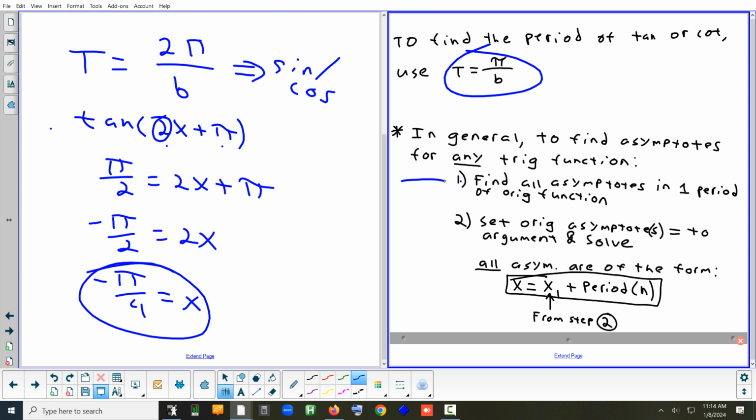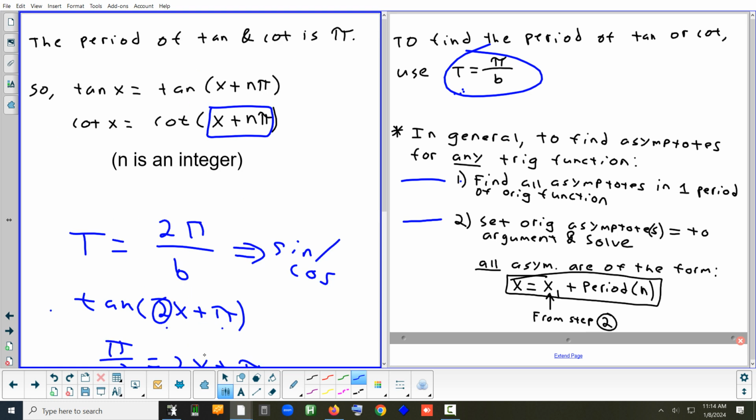Okay, so step 1, you'll have a table in a minute. Step 2, you're just going to have to use algebra to get the x by itself, and then, still part of step 2, use this formula to find the length of a period.